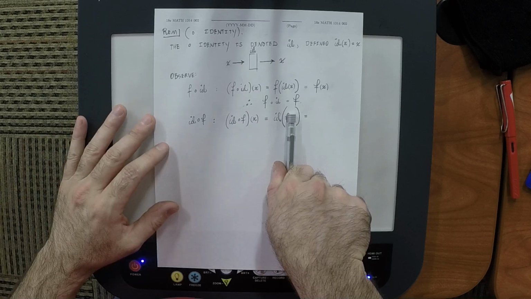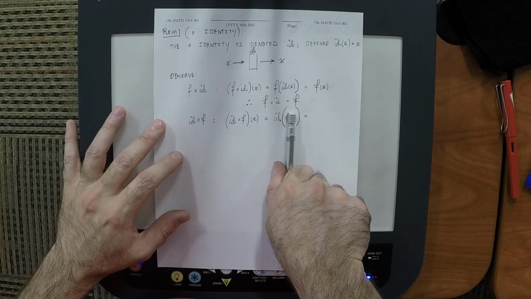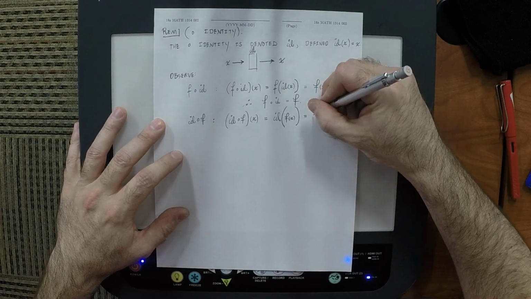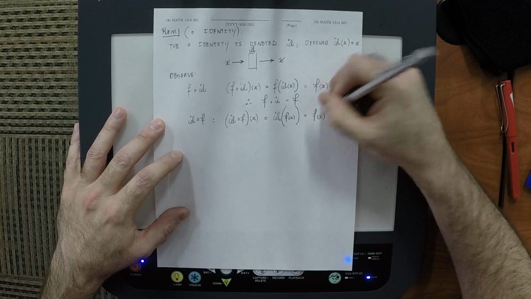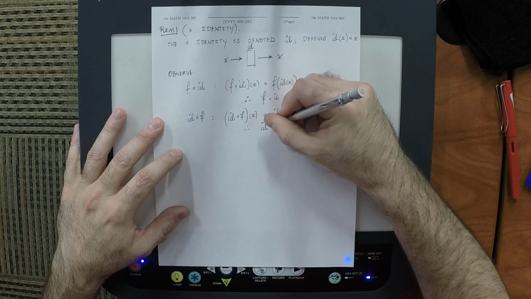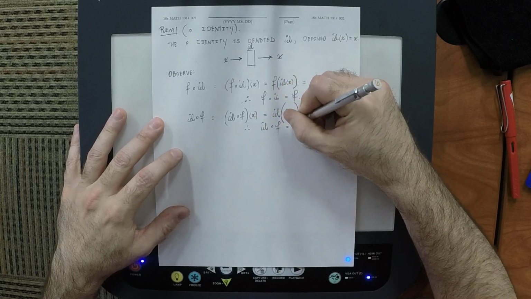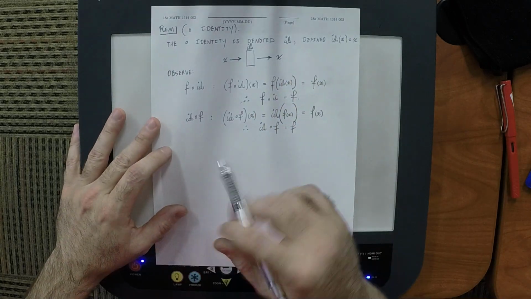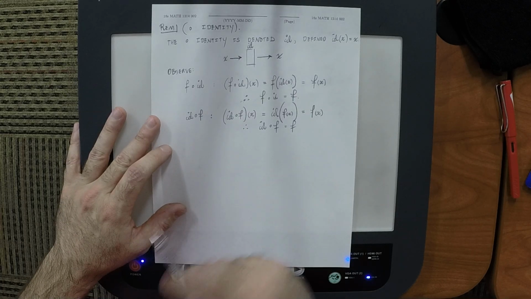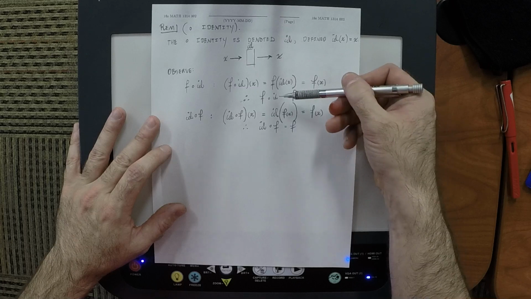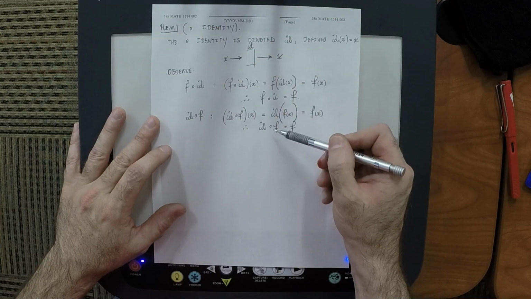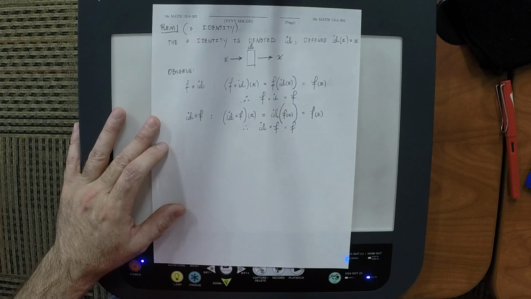So whatever I'm covering up, that's what's coming out. So what's the output? F of x. Therefore, ID composed with f is f. So what I want you to see is that, well, the order of composition matters. However, composing f on the right with ID is the same as not doing that, and composing f on the left with ID is the same as not doing that.